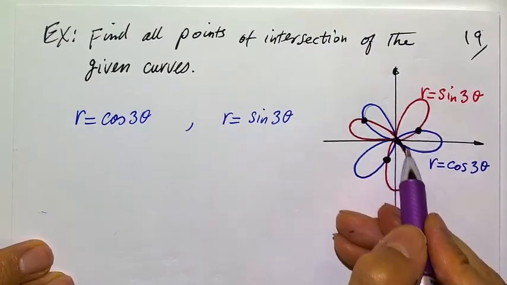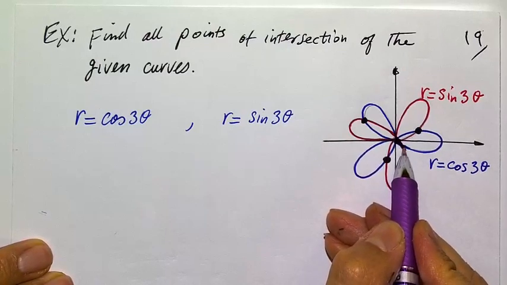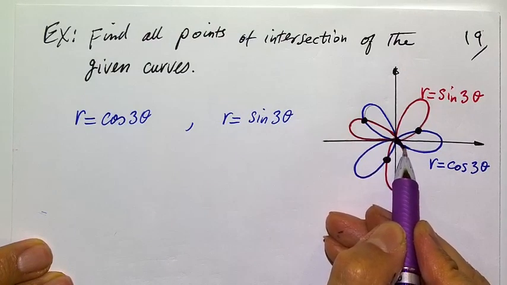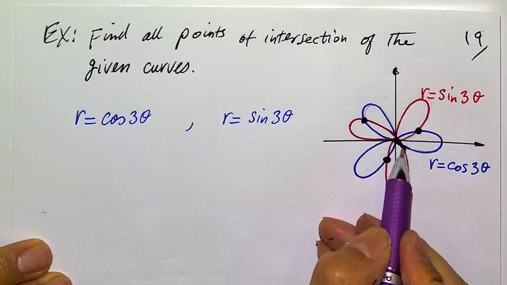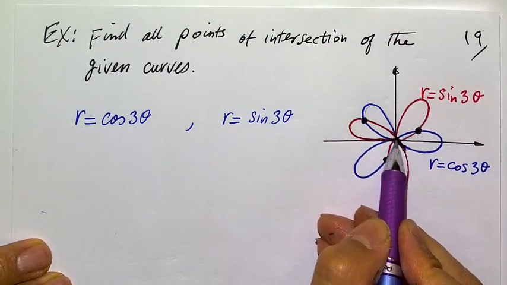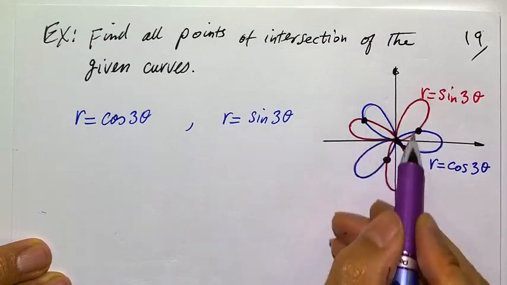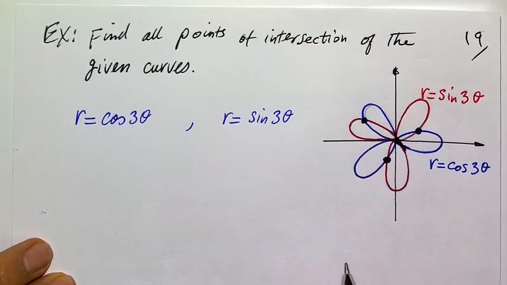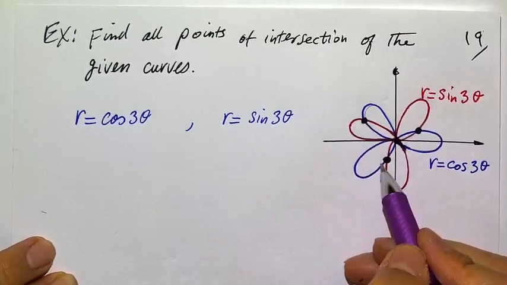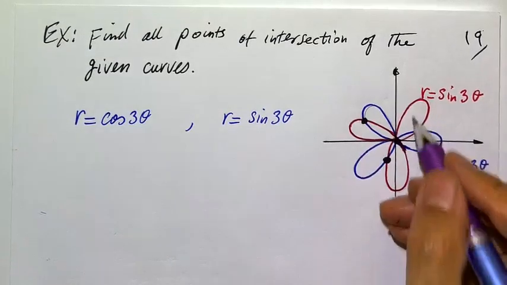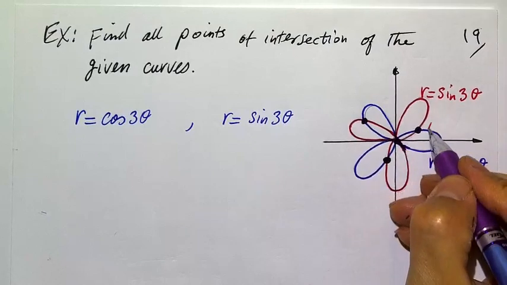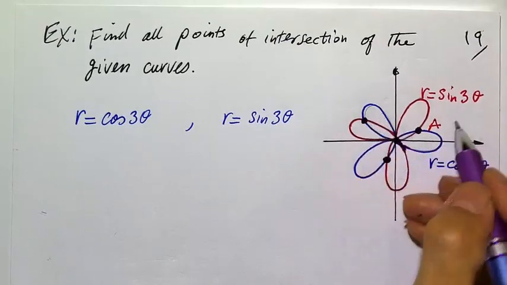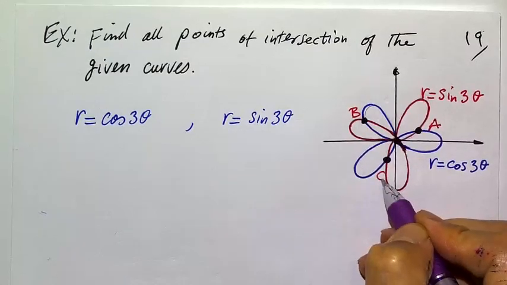Right here, this point of intersection, there is no point of intersection along the way in the fourth quadrant. There is none. It's because my drawing is not accurate. So these two intersect at the pole, like the other leaves of these two curves. So these are the only points of intersection besides the pole. So let's label these. This is A. Let's call this A, point B, and point C.